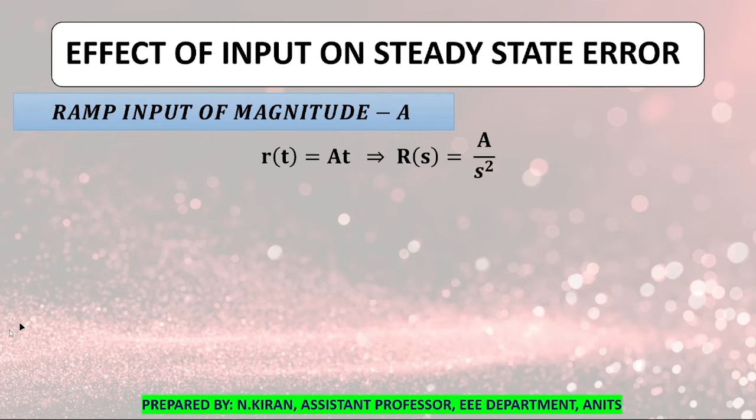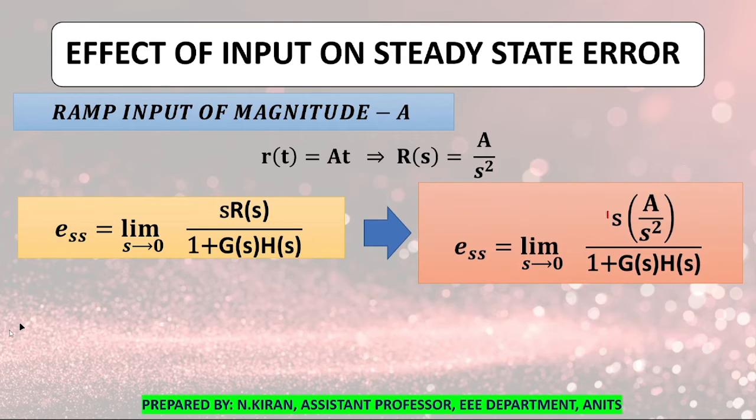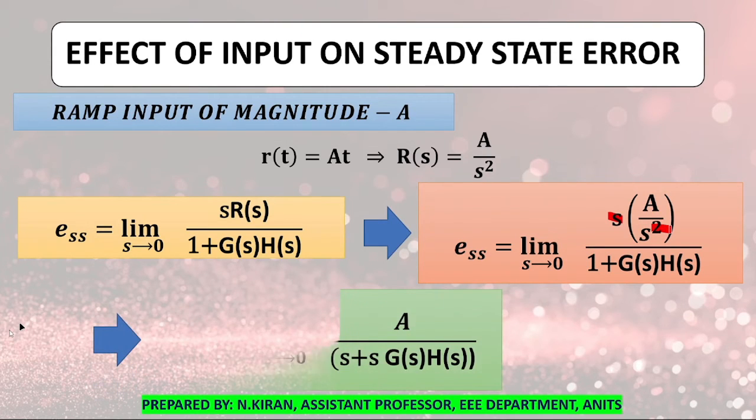If I apply this in the expression of steady state error, the s in the numerator will get cancelled, and it will give me ESS as A by s plus s into G(s) into H(s). If I apply the limit to the denominator, the first term becomes 0, and the second term is limit s tends to 0 s into G(s) into H(s).